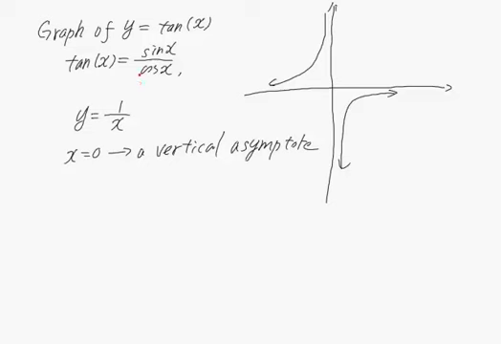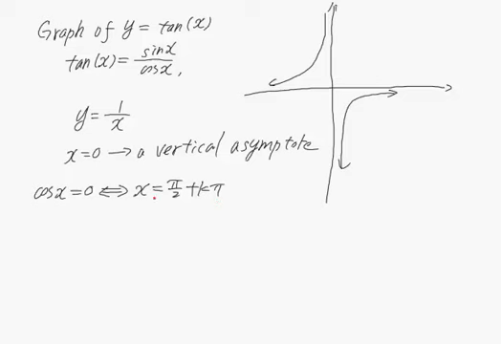So now, in the case of tangent x, when cosine x is equal to 0, the graph of tangent x also has vertical asymptotes. So actually, cosine x equal to 0 holds if and only if x is equal to half pi plus k pi, for all integers k.